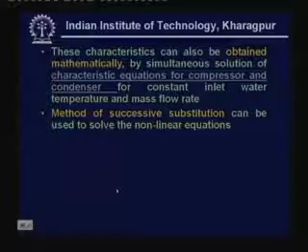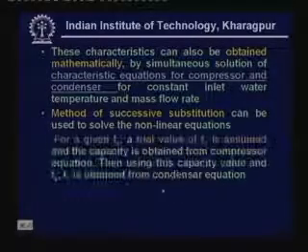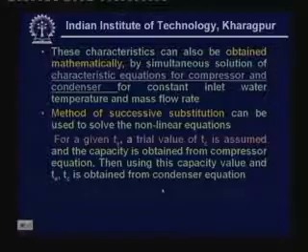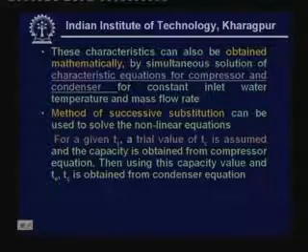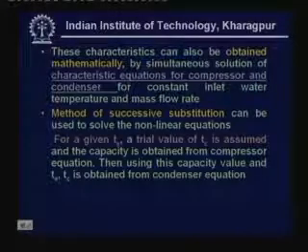We use what is known as the method of successive substitution to solve these nonlinear equations. First, for a given evaporator temperature we use a trial value of condenser temperature, and then using the compressor characteristic curve, from the given evaporator temperature and the trial value of Tc, we can find out the capacity. Then we use this capacity and the evaporator temperature to find the condenser temperature from the condenser characteristic equation.